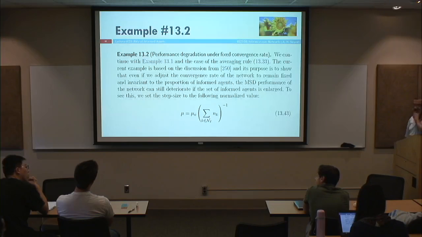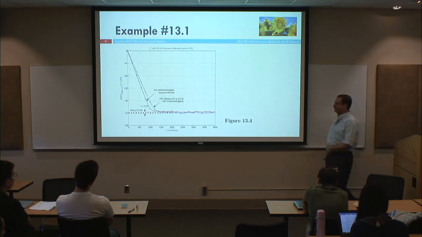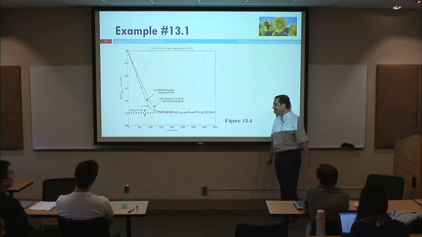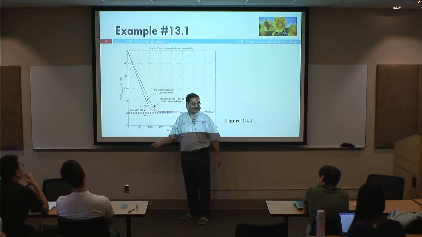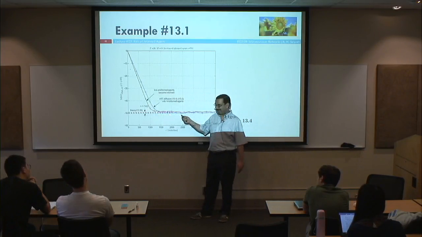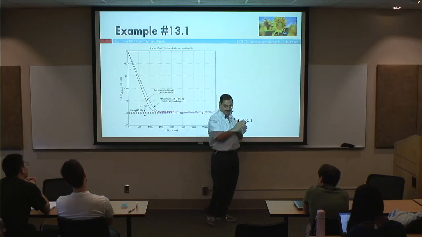Now, another interesting thing. You might say, I expected you to ask this question, right? Because it converged faster, that's why. So what I'm seeing here is because the convergence rates are not matched.